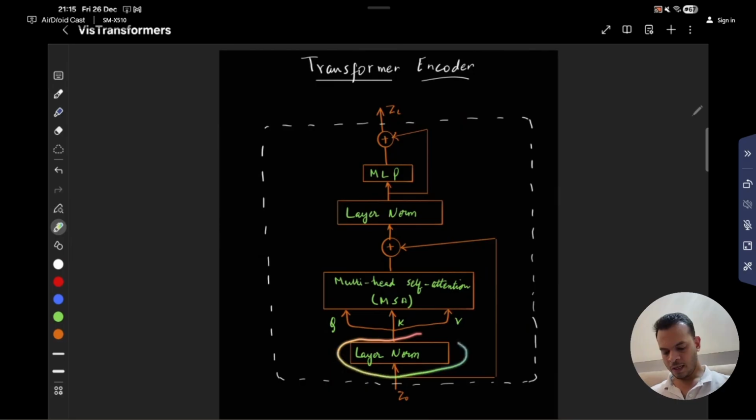So here layer normalization happens to make all the values range between 0 to 1, right? To normalize basically all the values. Then we have our MSA block, we'll see in detail here. And then whatever comes as output of the MSA block, a residual connection goes from here and the value is added to get our final output. So this residual connection is added.